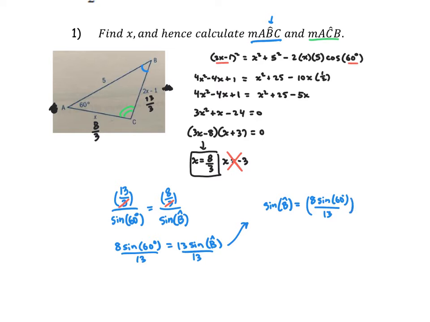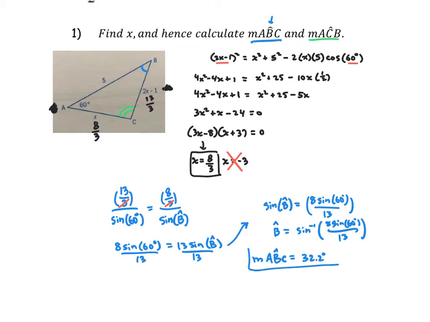And this would be a calculator allowed question, I would assume, seeing that these numbers are not going to be pretty. The inverse sine of this thing, utilizing my calculator and going to 3 sig figs, the measure of angle ABC comes out to be 32.2 degrees.